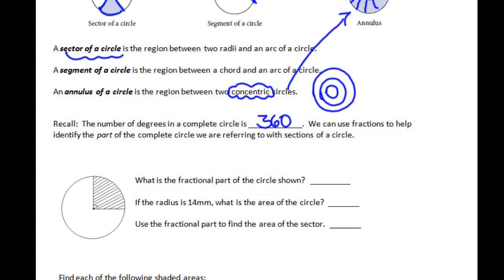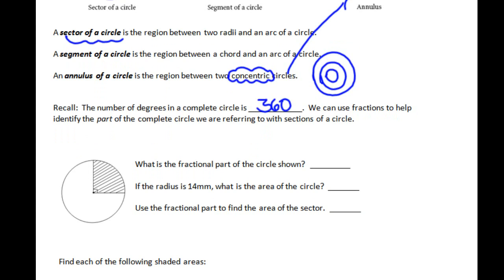So if you look at the picture that's drawn, what is the fractional part of the circle shown? All of you should be saying, "Oh, that's easy, it's 1/4." Well, how do we know that for sure? We know it for sure because that angle is marked 90, and 90 over 360 is in fact 1/4. So that's how we know that it's a 1/4 fractional part of the circle.